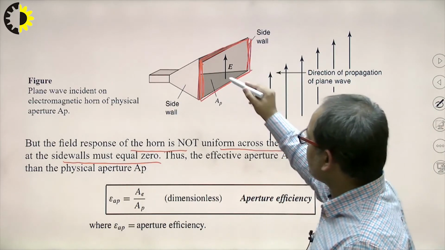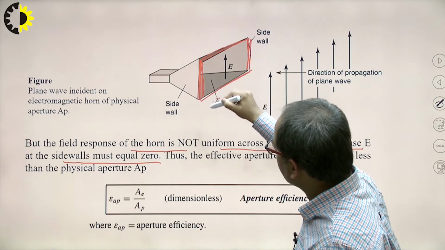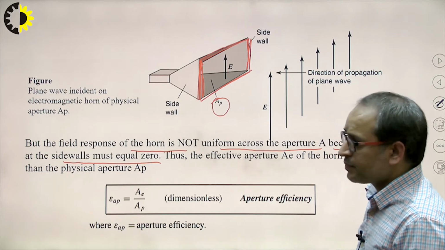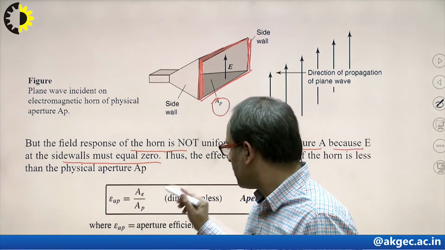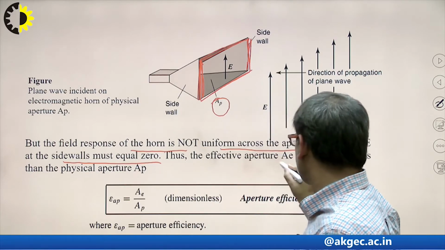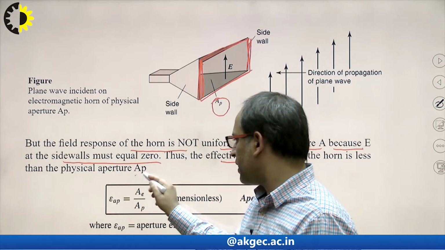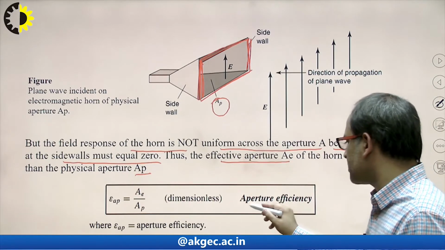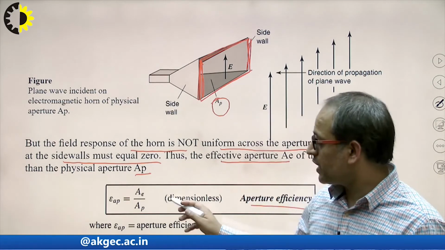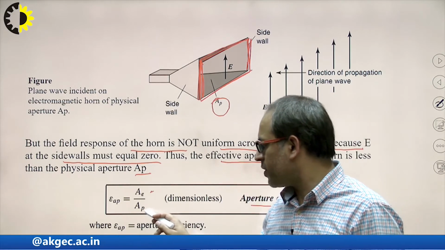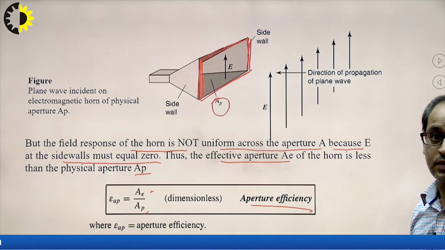So the exact effective aperture area will be less than your physical aperture area. Clear? The effective aperture area is AE and the physical aperture area is AP. So what is the aperture efficiency? Aperture efficiency is the ratio of the effective aperture area divided by your physical aperture area. Clear?